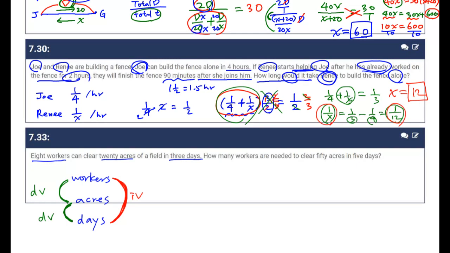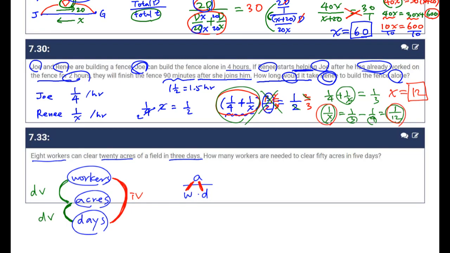Since acres is directly proportional to workers and directly proportional to days, I'm going to put A on the top and W on the bottom and D on the bottom too, so that A and W, acres and workers, are directly proportional, and acres and days are directly proportional, right?